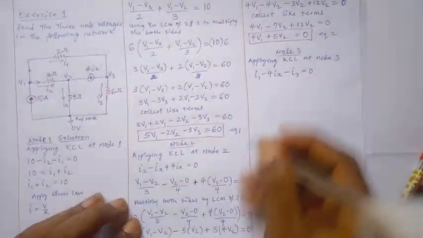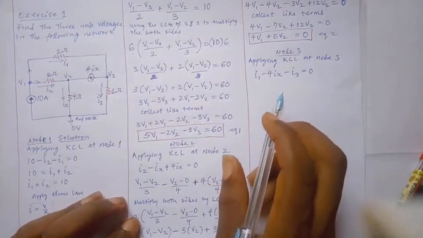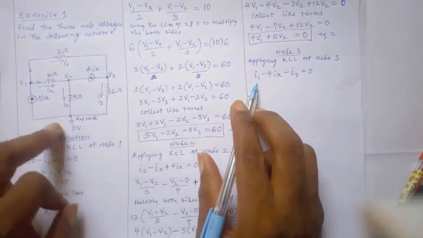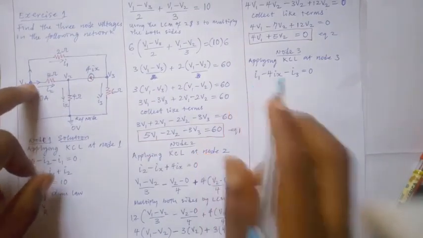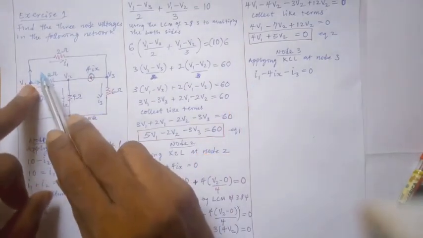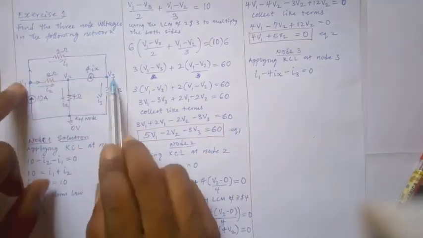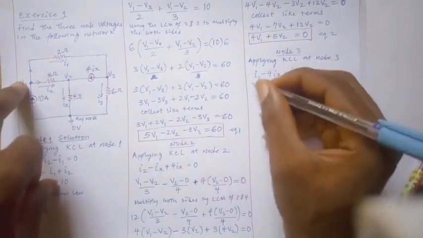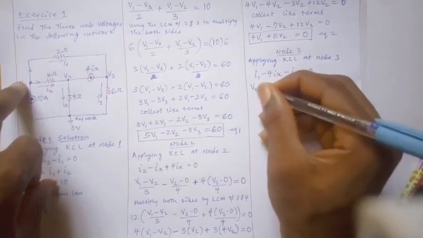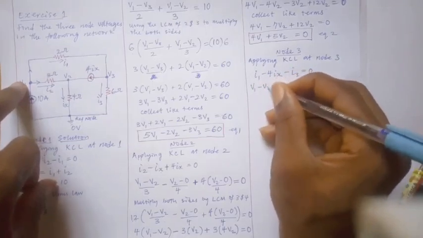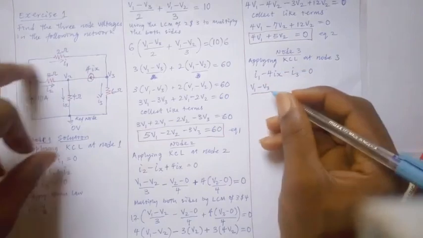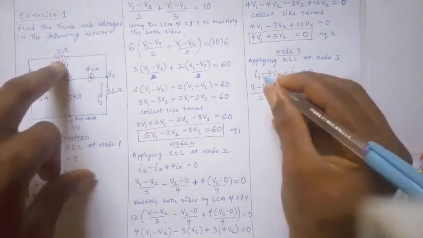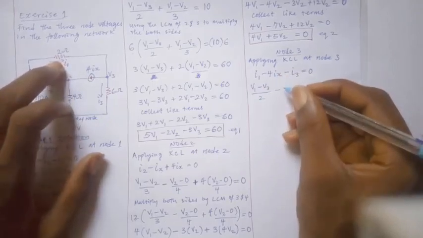Now, the way we did it before, this I1 is flowing between which nodes? Let's look at it. I1 is flowing between V1 and V3. So applying Ohm's law, it will now be V1 minus V3 over what? The resistor between them is 2. Thank you. Don't forget the sign, minus this 4ix.